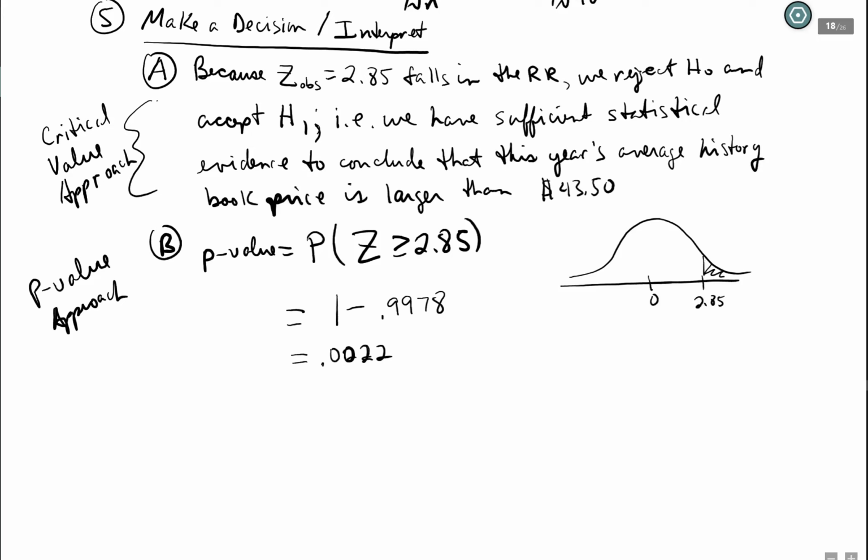The area under the curve to the right of that is 0.0022. I get that by taking the area under the curve to the left, which is 0.9978, and subtracting that from 1. Now, in terms of using this to make a decision, we compare it to alpha. So 0.0022 is clearly less than 0.01. Just to be explicit, this is less than the alpha value of 0.01.